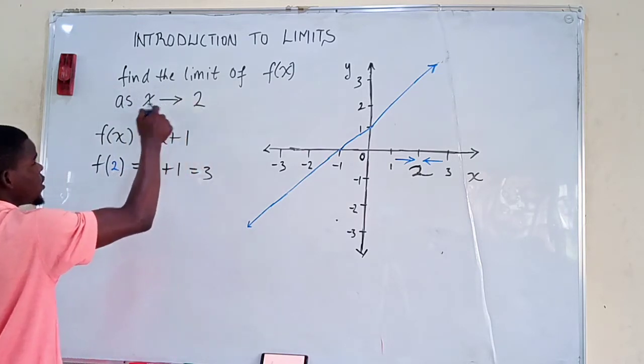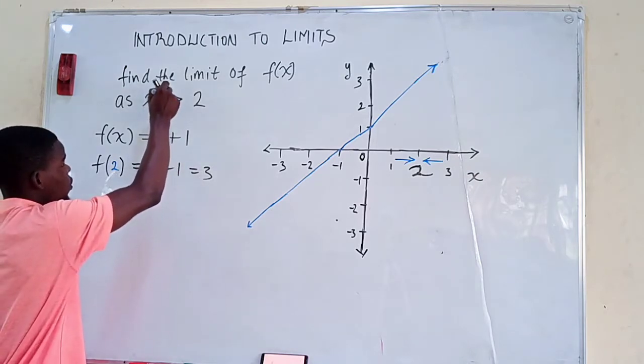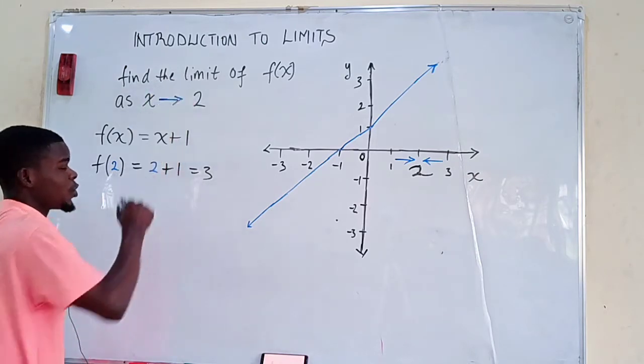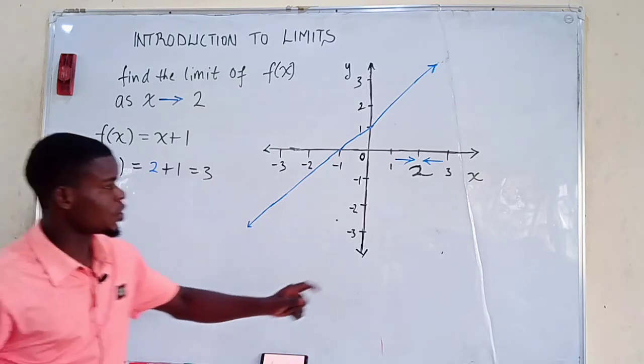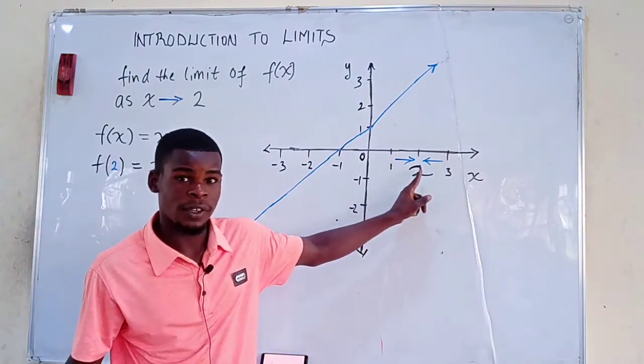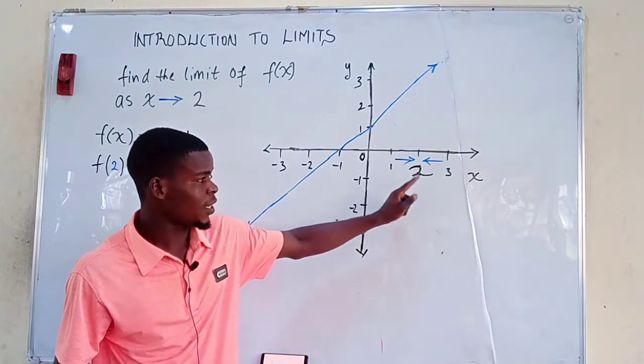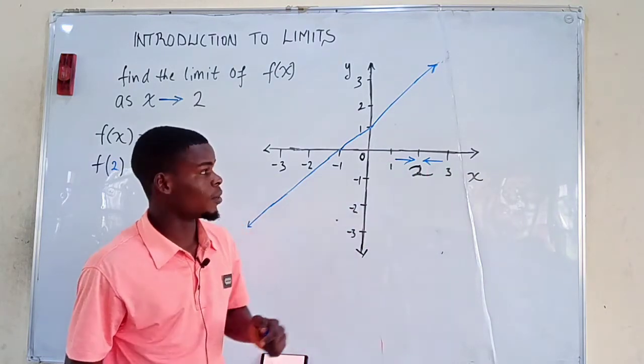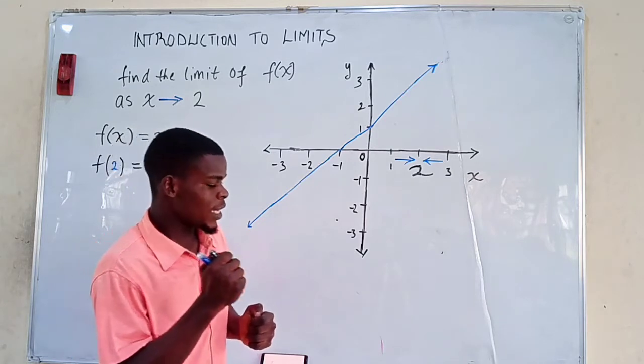You notice this arrow symbol; we can read it as x approaches 2. Notice that this is the point 2. x can approach 2 from the left, going to 2 from this side, or from the right. Now, find the limit of this function.